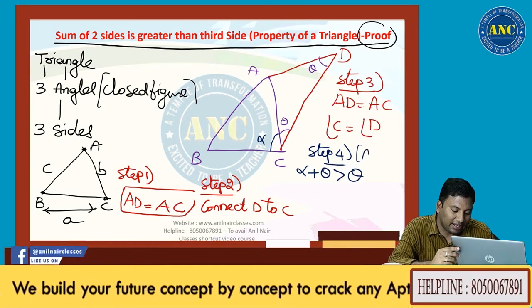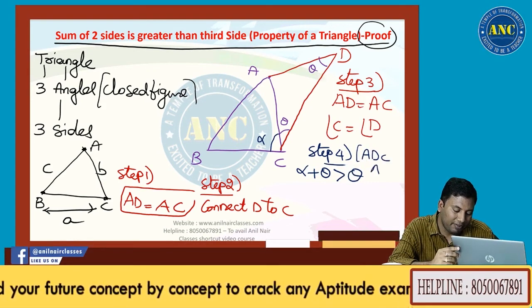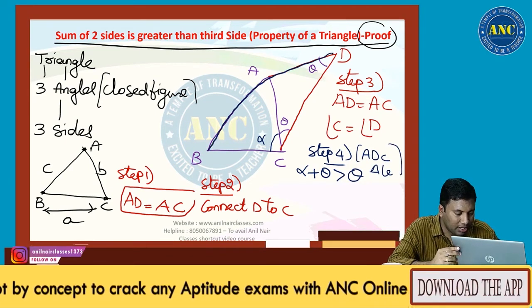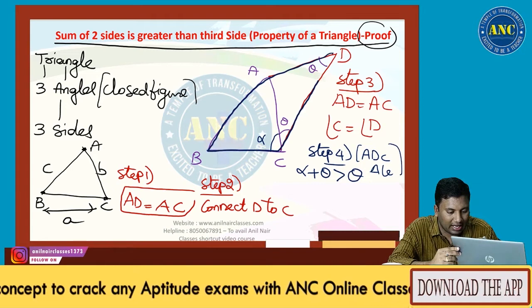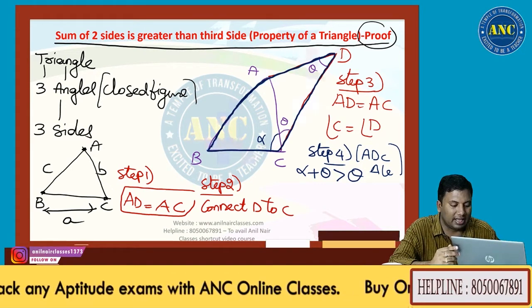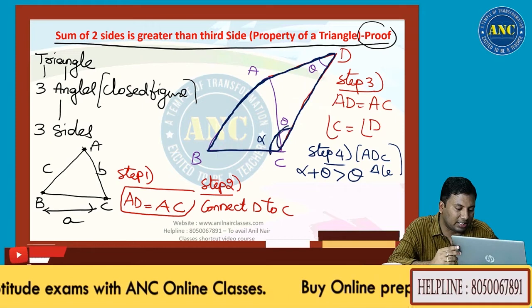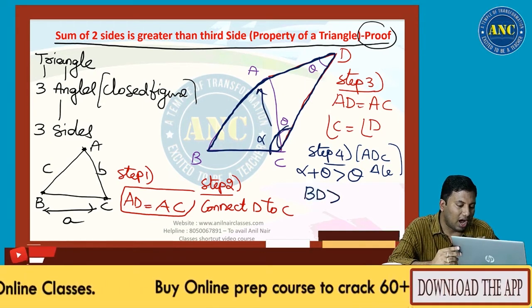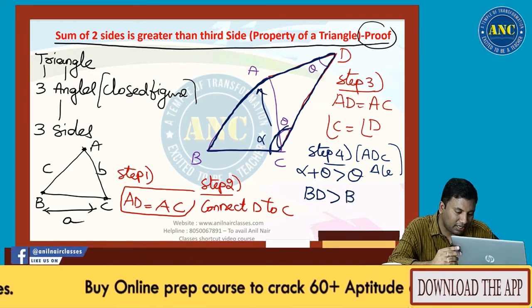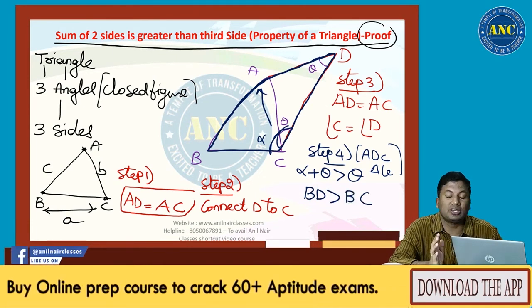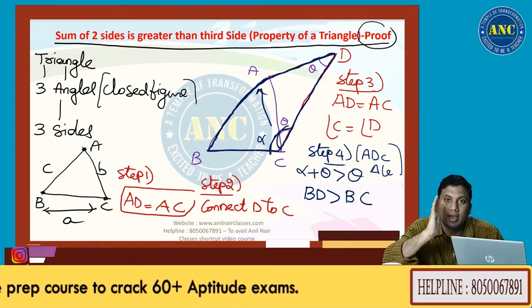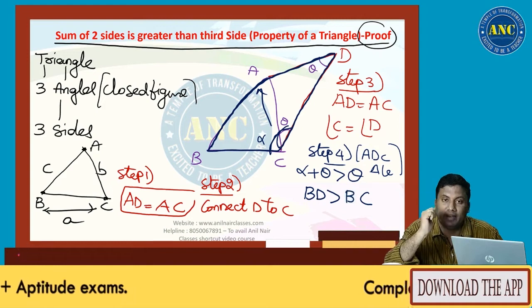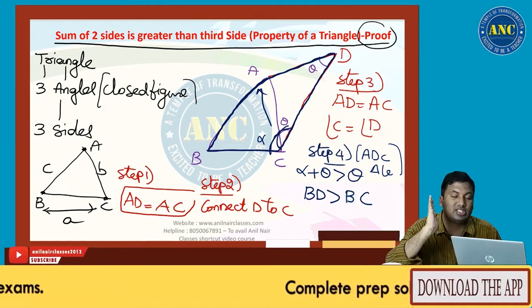Now take triangle BDC. The side opposite to alpha plus theta is BD, and the side opposite to theta is BC.